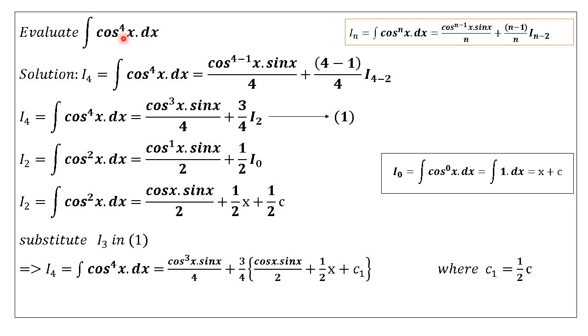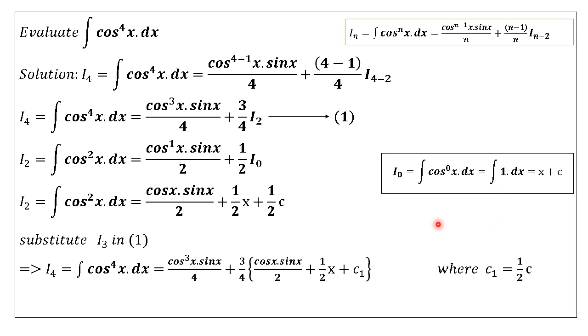If n is an even number, it ends up with I0. Here also, if n is an even number, it ends up with I0. If n is an odd number, it ends up with I1. How to calculate the value of I1? Put n equal to 1 here. Putting n equal to 1, you will get integration of cos x.